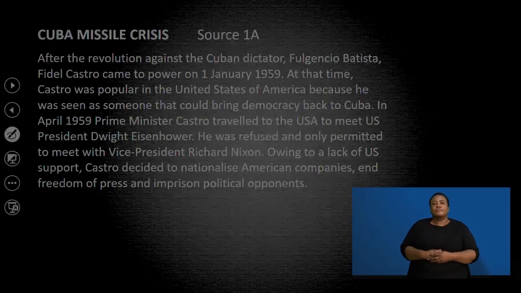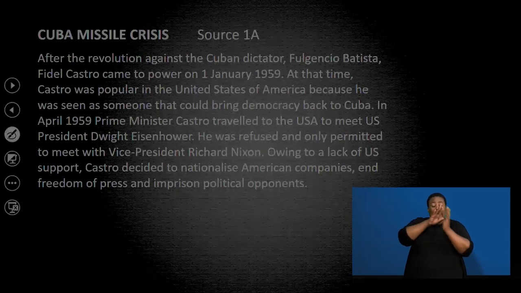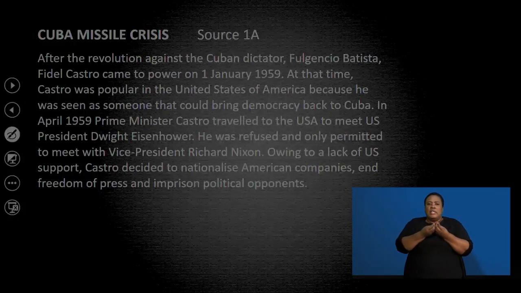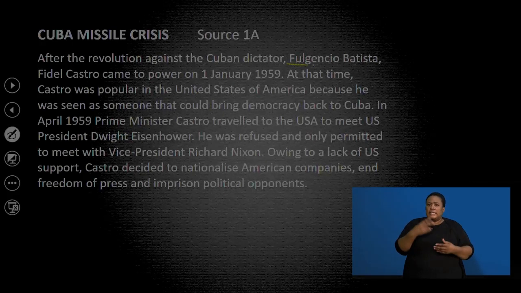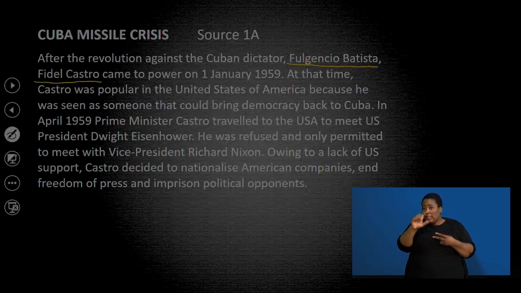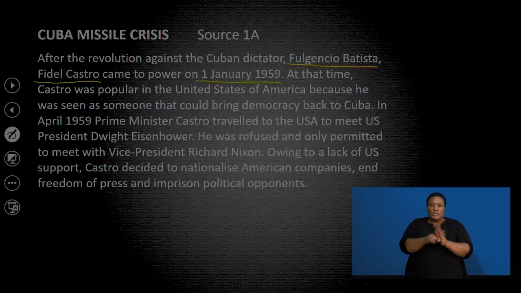Okay. So now let's move on to the actual source. As I said to you, we are not going to read the entire source, but I'm just going to show you some of the things that you will have to highlight. So you can see here they've included Batista, very important. You have Fidel Castro, very important. You have the date here, the 1st of January 1959. All those things are important.